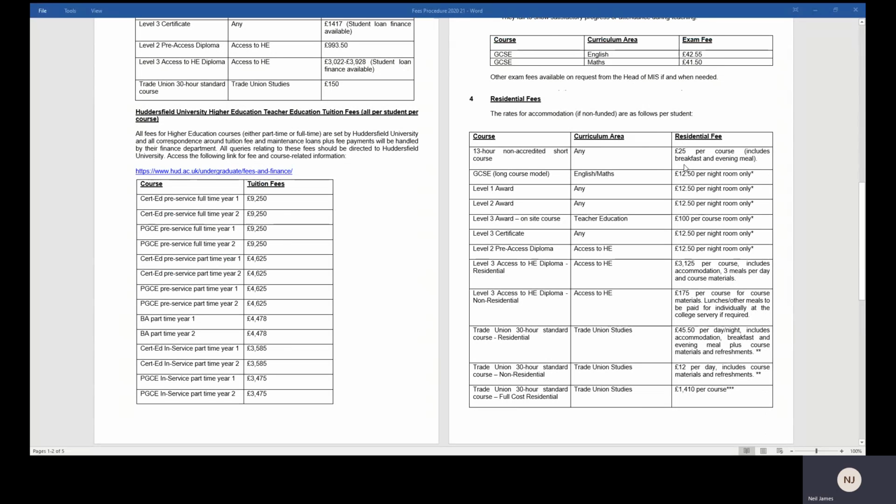We're actually now going to charge the students that have to pay for their short courses £25 per course, which includes the 2 meals. So that will go in conjunction with the tuition fees to make it £75 for the course for a fee-paying student instead of the previous £45.